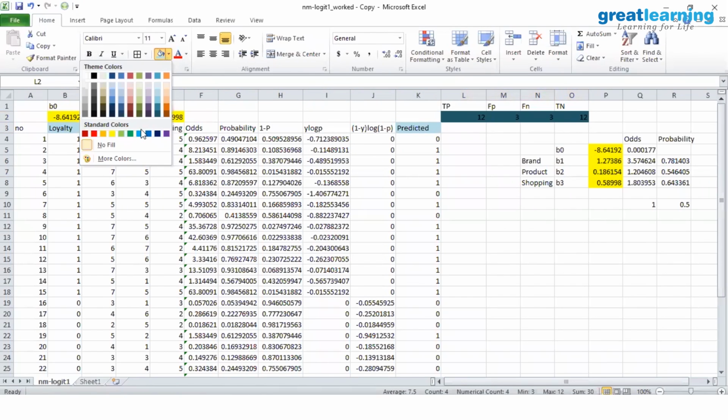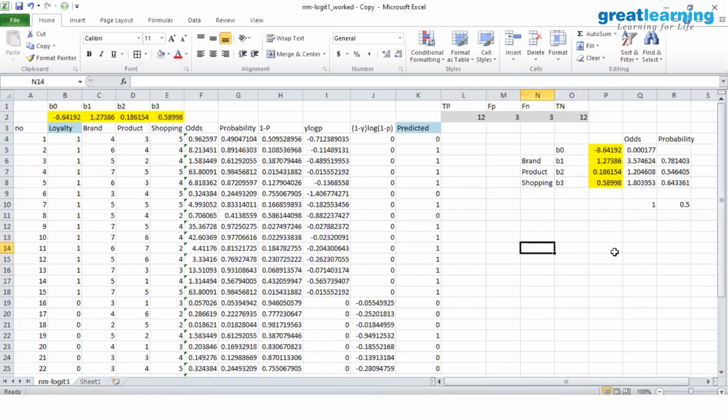So if I'm going to plot it in the confusion matrix, what is the confusion matrix going to be? 0, 1, and again 0, 1. This is the actual and this is the predicted.